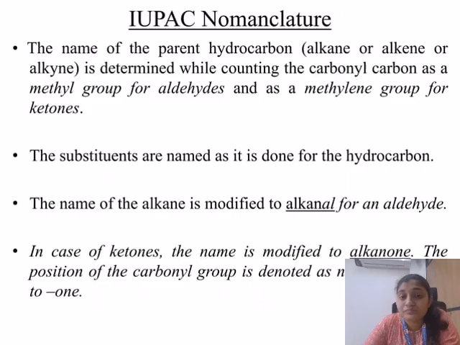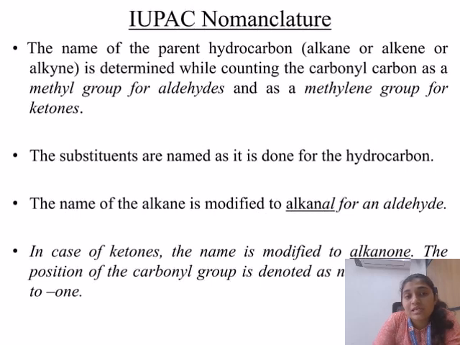Coming towards how we can do the IUPAC nomenclature for a specific carbonyl compound. First we have to name whatever alkane chain it is. Depending on the number of carbons present in the parent structure, we can name the alkane like methane, ethane, propane.